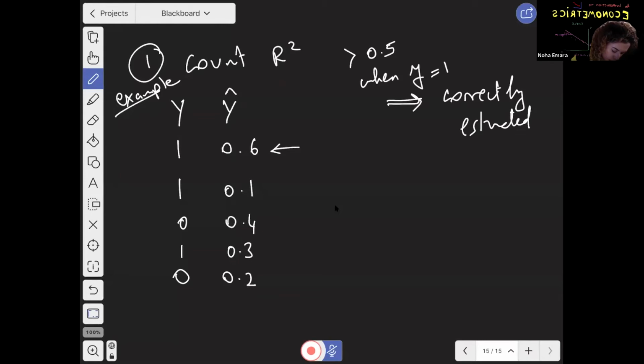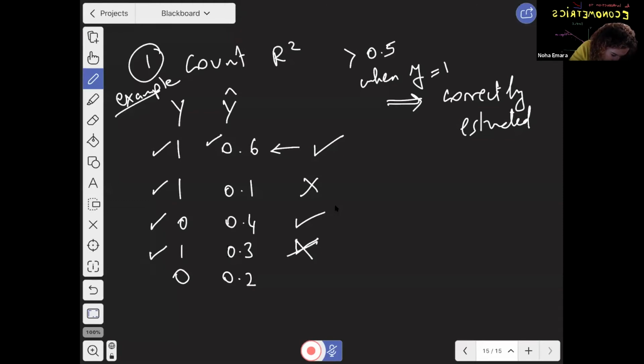Okay, so here the Y is 1, the number is above 0.5, correctly estimated. The number is 1, but this one is less than 0.5, it's not correctly estimated. The number is 0, and this one is below the 0.5, correctly estimated. The number is 1, but this number is below the cutoff point of 0.5, not correctly estimated, right?